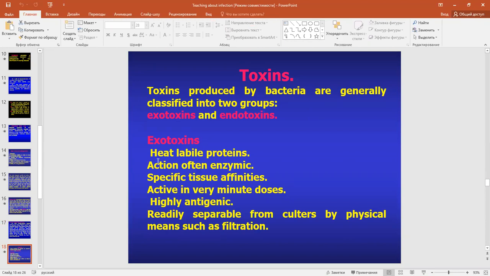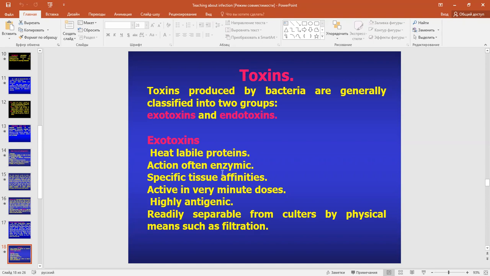In biochemical nature, they are heat-labile proteins. Heat-labile in general, but there are some exceptions: botulotoxin is heat-stable, and enterotoxin produced by staphylococci, unfortunately, is a heat-stable protein, but there are exceptions. Mainly, these exotoxins are heat-labile proteins, so it is possible to destroy them by using high temperature.